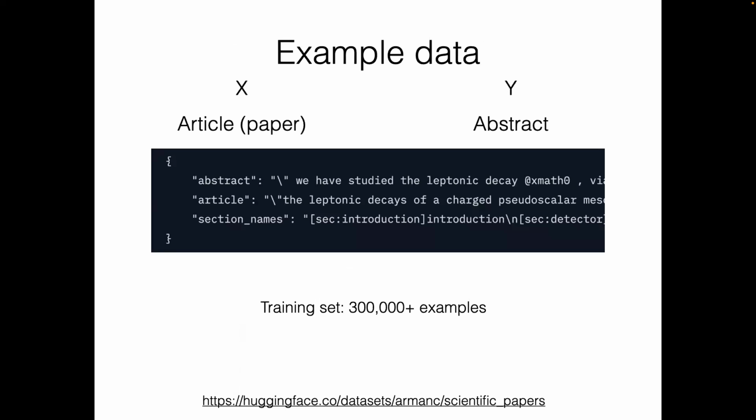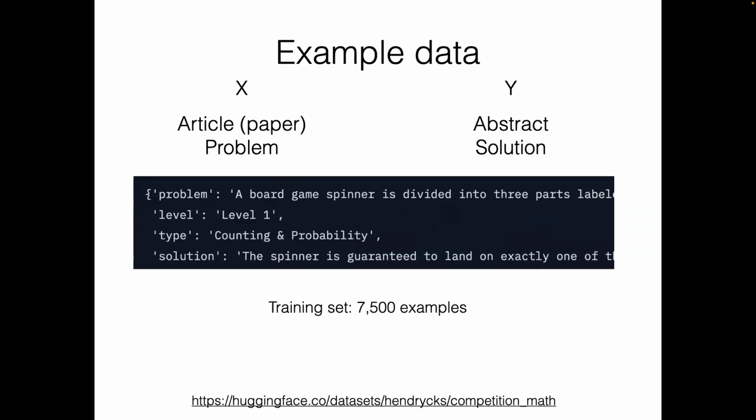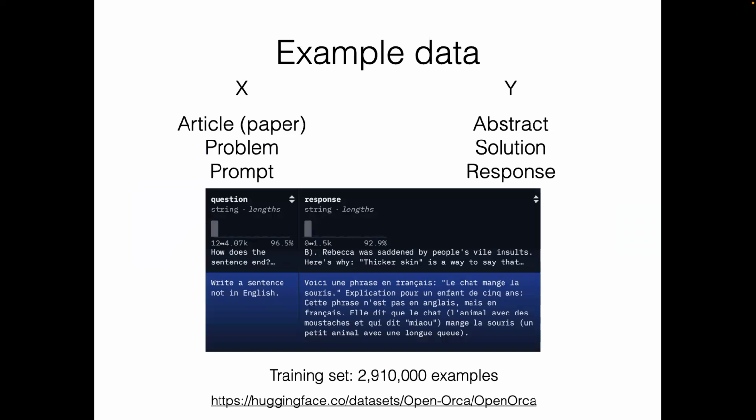Okay, so here are some more concrete examples of data sets. Again, the idea is if you wanted, you could run the exact same code that we used to reverse names to fine tune on these. So here's going from a paper to an abstract. Here's going from a problem to a solution. And here's a more general data set where they collected actual user prompts, about 3 million examples.